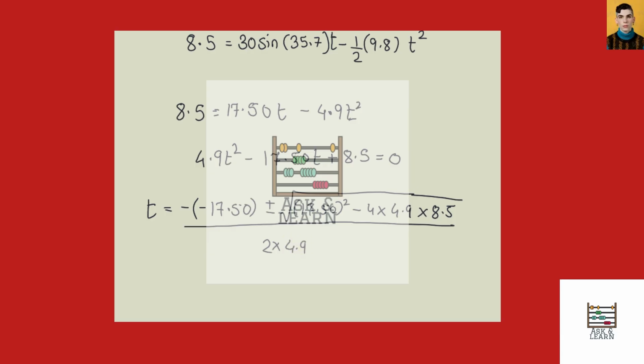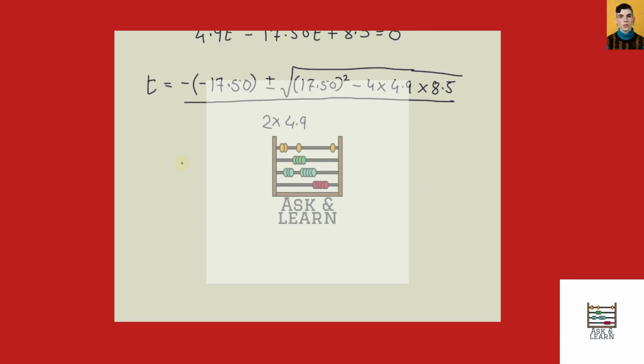If we calculate this, t is equal to 17.50 plus or minus the square root, which turns out to be 306.25 minus 166.6. Taking the square root, we get 11.81, divided by 2 into 4.9, which is 9.8.